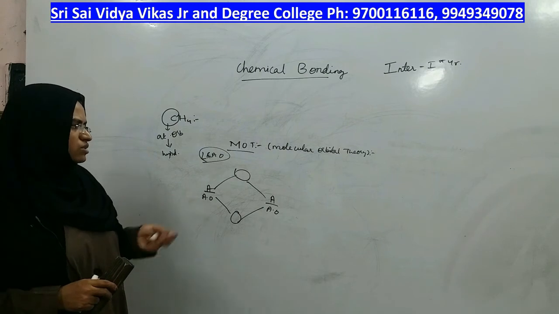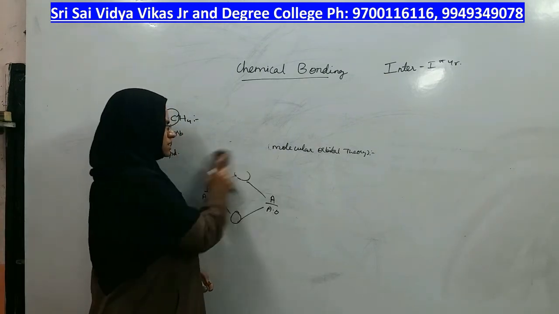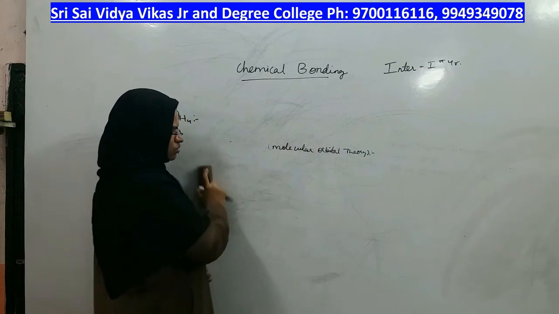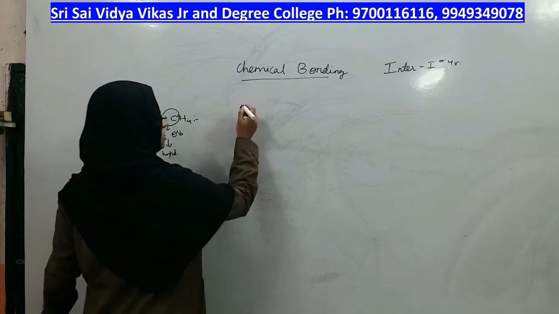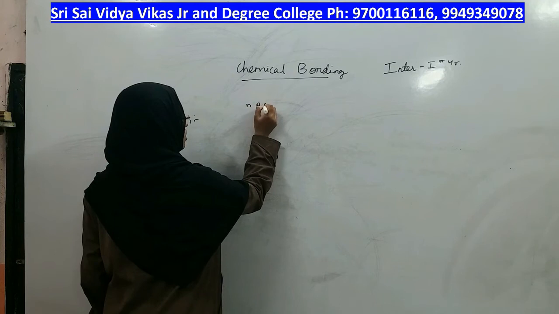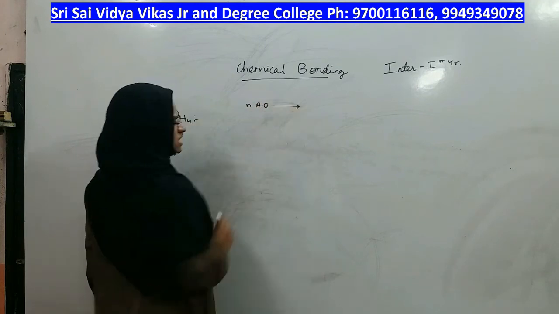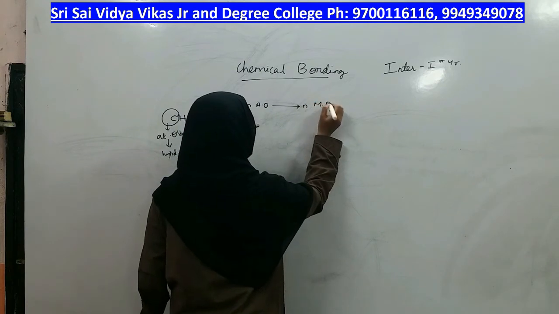So now let us look at molecular orbital theory applied on the simplest molecule, hydrogen, right? According to this theory, however many atomic orbitals combine with each other, that many molecular orbitals will be formed.